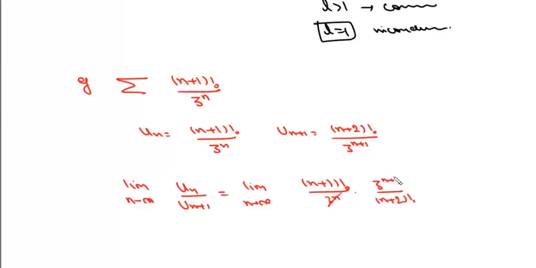Now this 3 to the power n will cancel, and this factorial n plus 1 will cancel. So we'll get this limit, n tends to infinite, 3 upon n plus 2, and the value of this limit is 0, which is less than 1. And if it is less than 1, then in that case this series diverges. So this series is a divergent series.